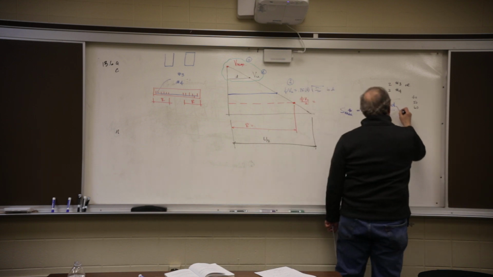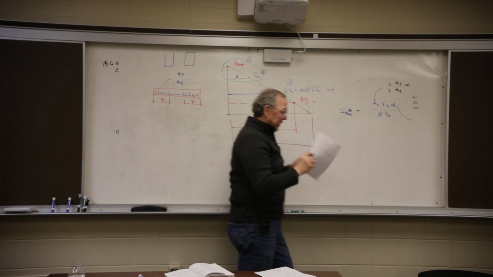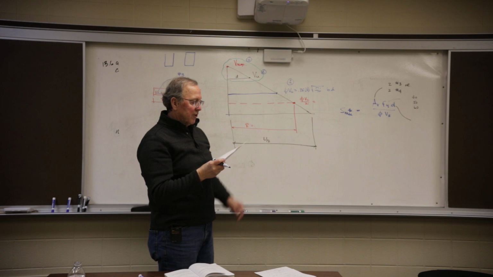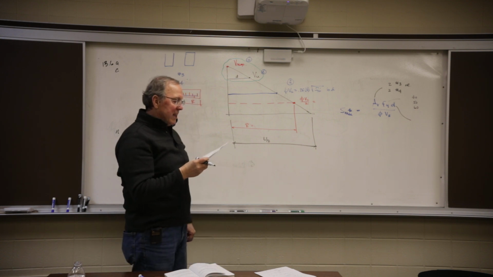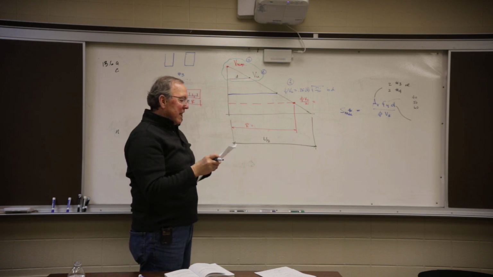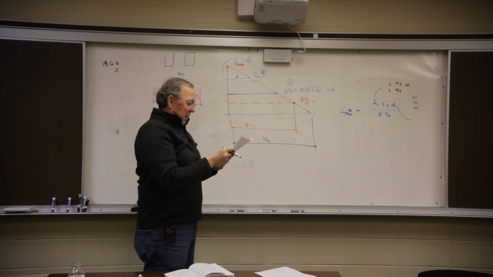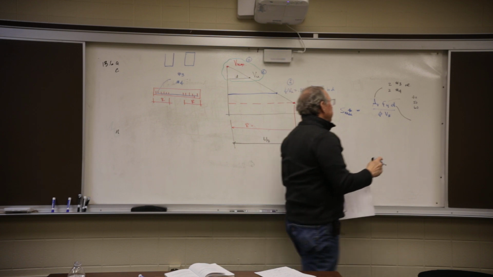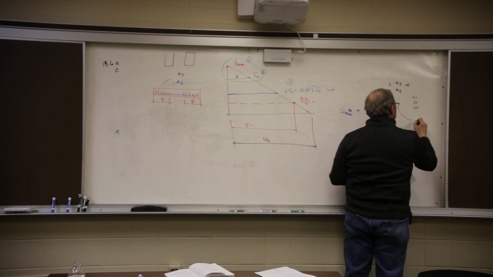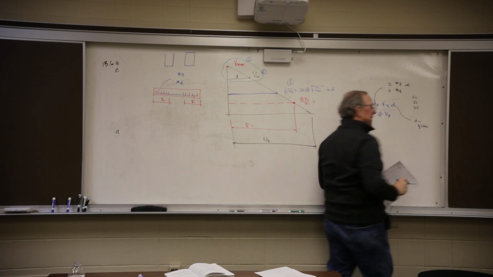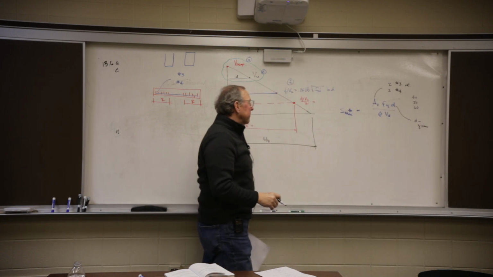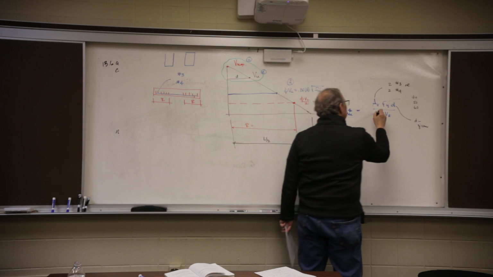d is the effective depth given in the problem. d is going to be given. It's the effective depth, same as you've always done. phi Vs is the only thing you don't have now.